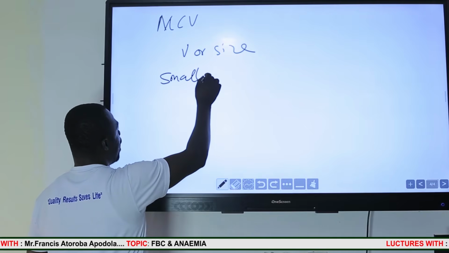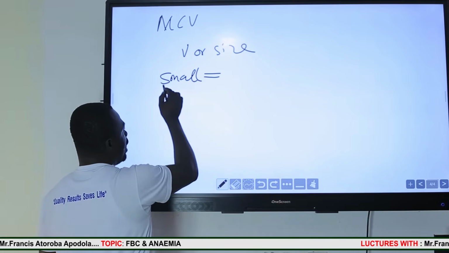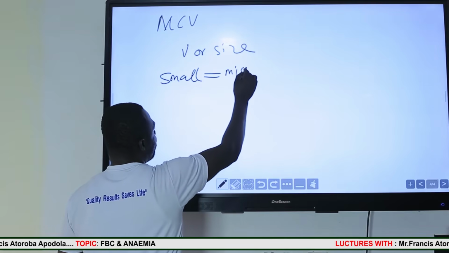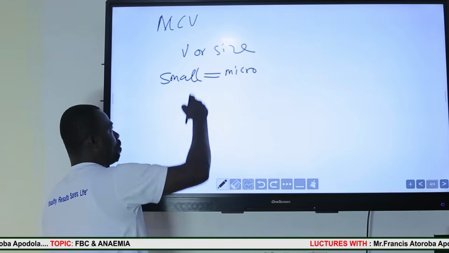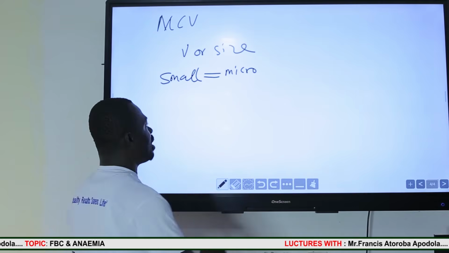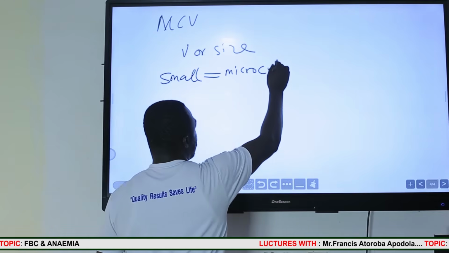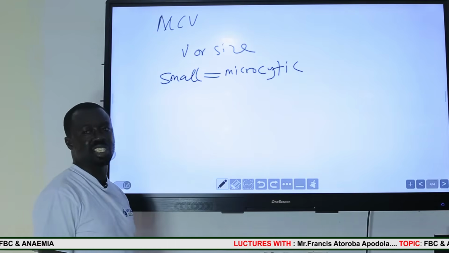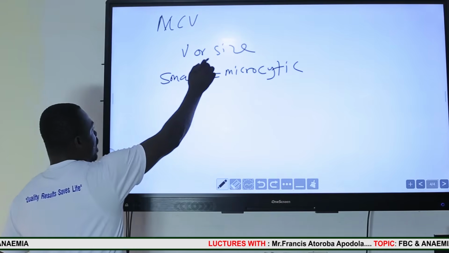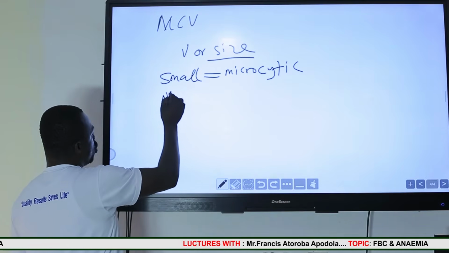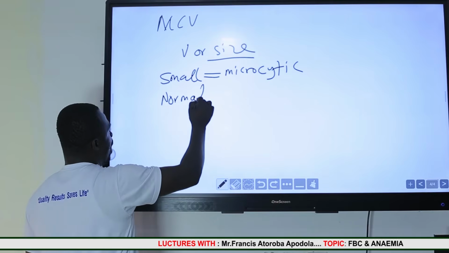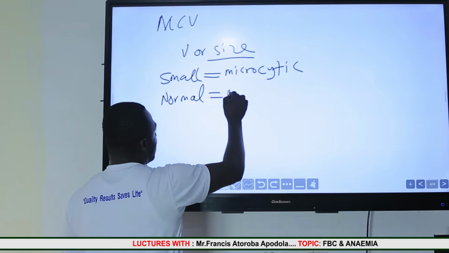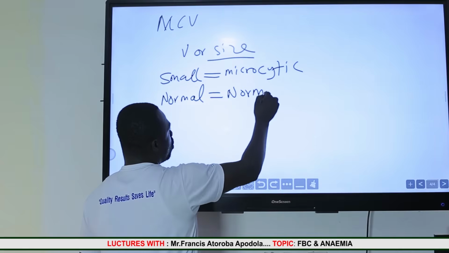So the size of the RBCs can be small. Anything that is small is called micro. But this object that is small is a cell, and a cell is a cyte. So that becomes microcytic. The size of the RBC can assume a normal size, and anything normal is called normo.